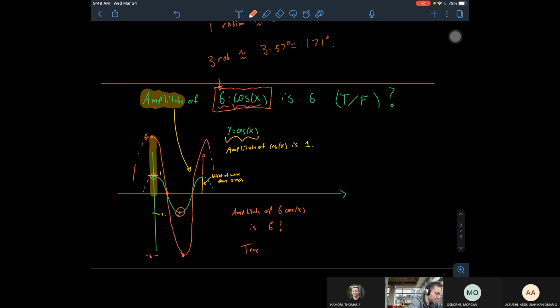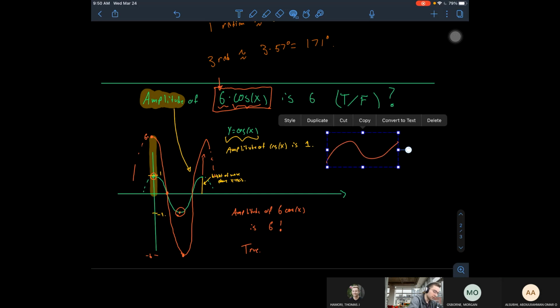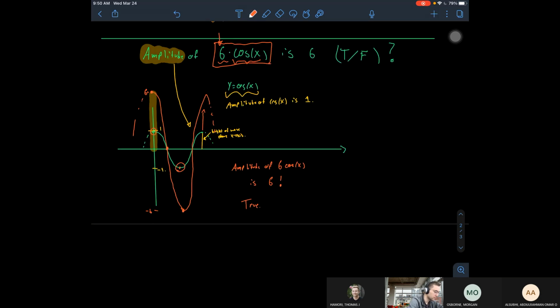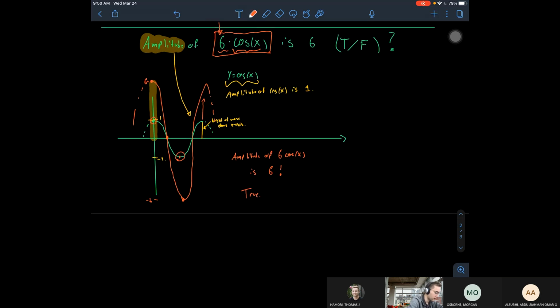Things which are above the x-axis get pushed even further above, which is why it's a stretch and not a shift. A shift is if we just take the whole thing and move it up or down. Rather than doing that, what we're doing here is actually stretching it. It's good that you remember that the amplitude is just the height above the x-axis. Good job.